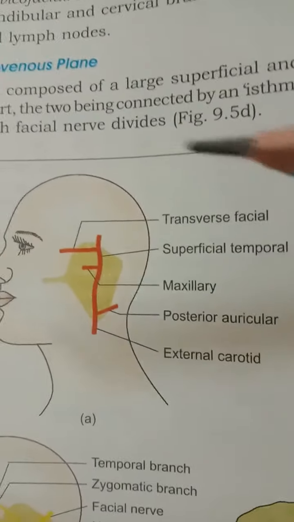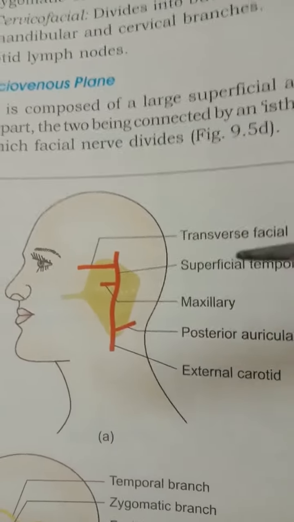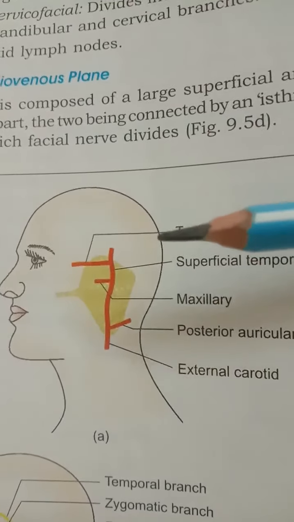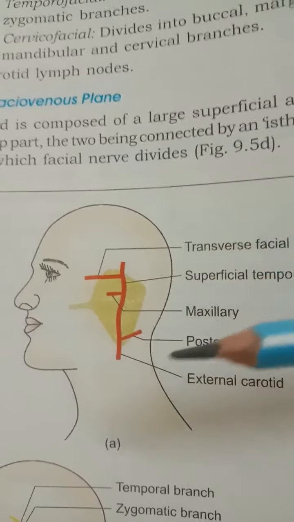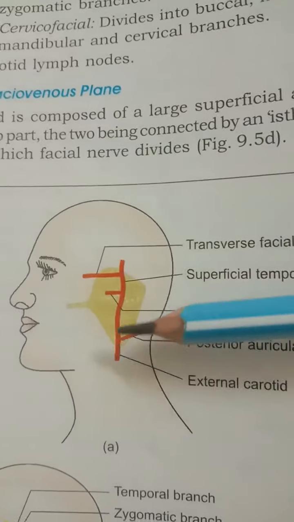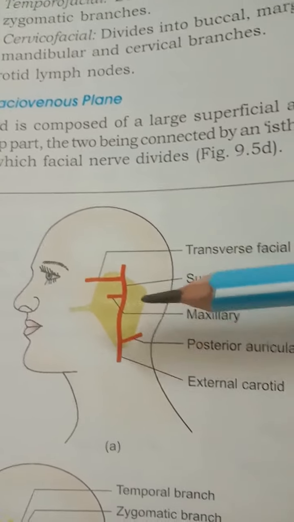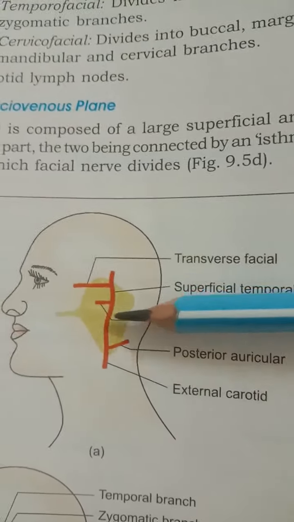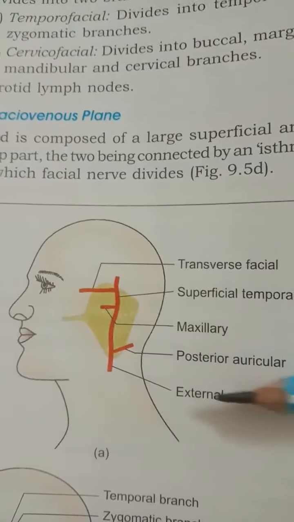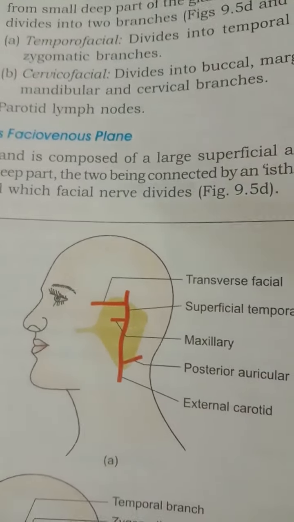Then the blood supply of the parotid gland. The parotid gland is supplied by the external carotid and the superficial temporal artery. Here you can see the superficial temporal artery and the external carotid artery.